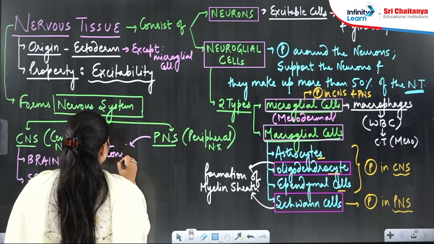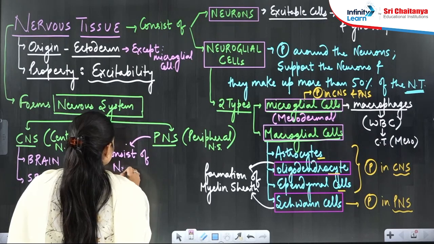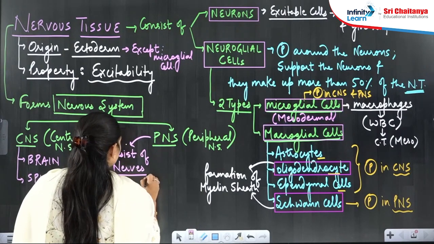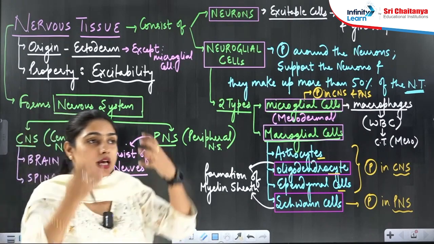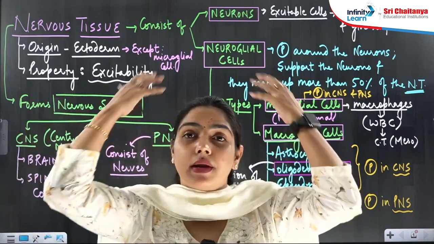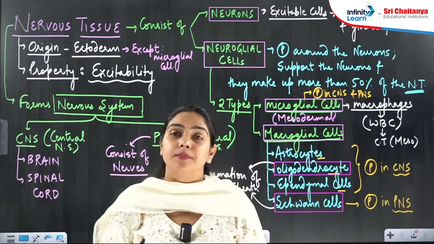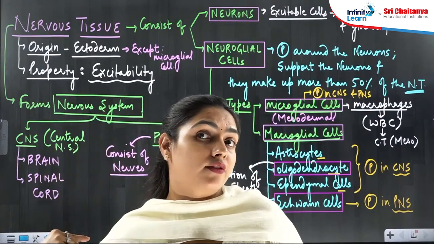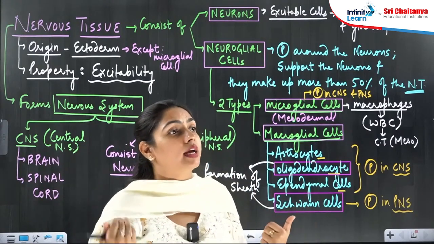It consists of nerves. And these nerves are arising either from brain or spinal cord. Some of the nerves are arising from the brain and they are going to different parts of your body. And some of the nerves are arising from the spinal cord and they are also going to different parts of your body.